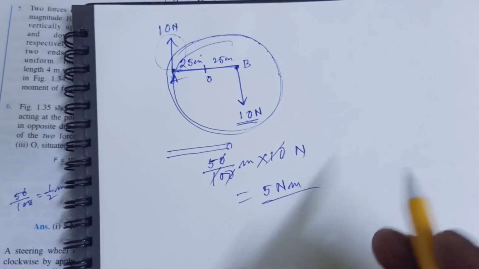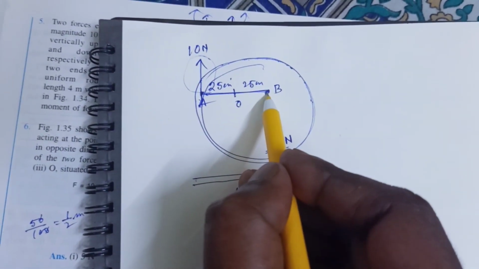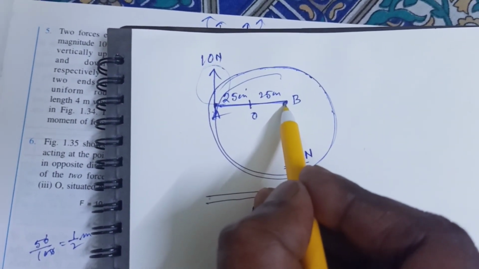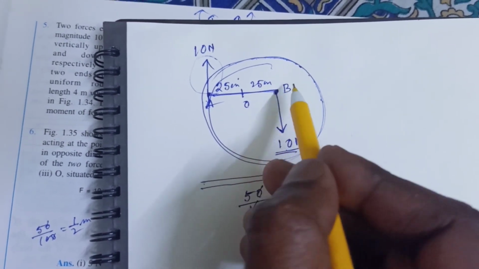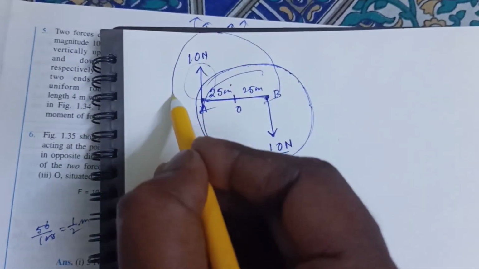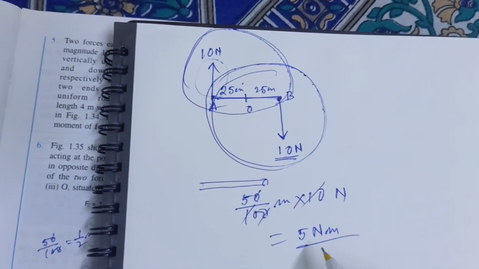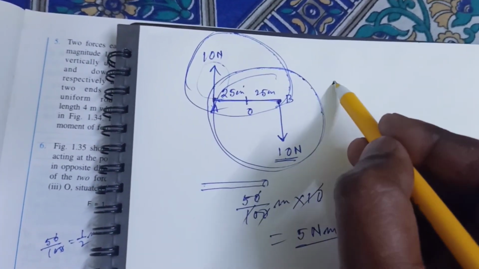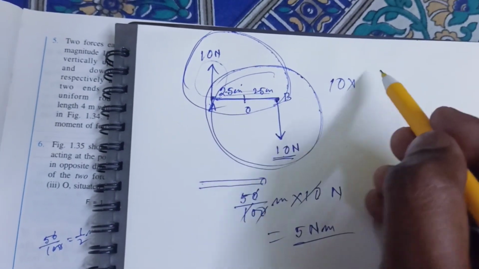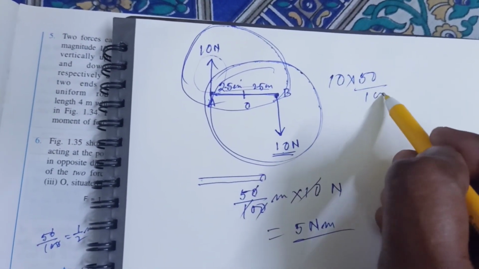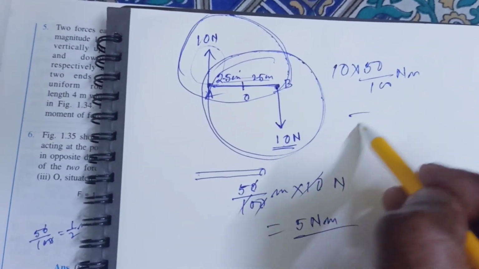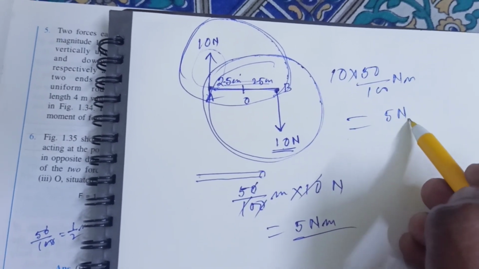Okay. But when we calculate the moment about B, we take that system. So this is also 10 Newton into 50 centimeter, that is 5 Newton meter.